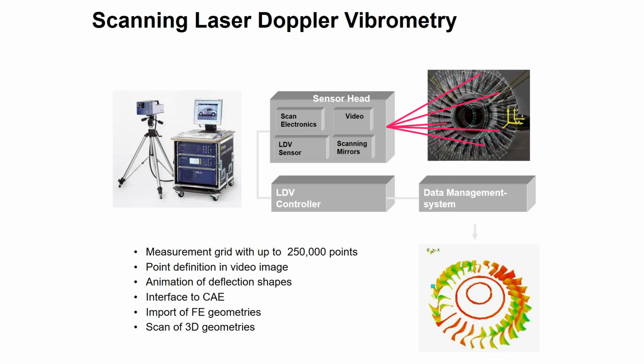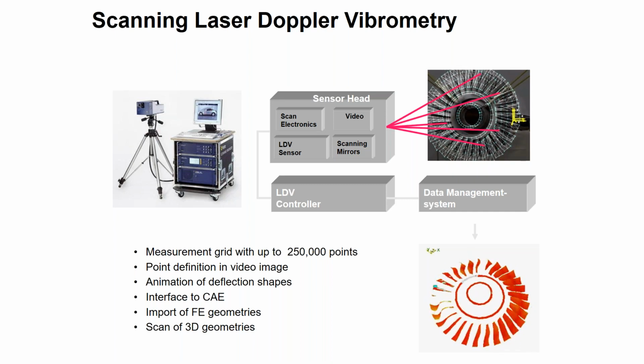So how does the scanning vibrometer work? With the scanning vibrometer, you of course have the laser vibrometer sensor measuring 1 point. We use scan mirrors to direct that to different points on the surface. We collect the vibration from those points, we store it, and then we scan sequentially point by point on the structure.